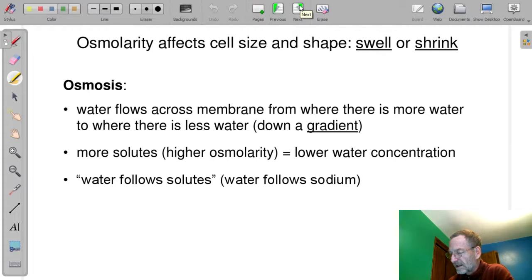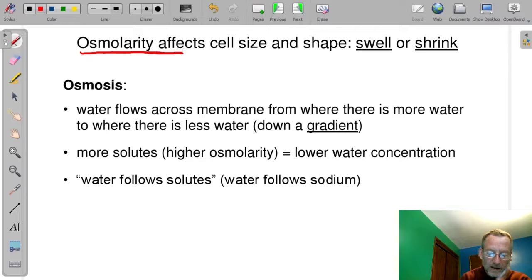leads us into the next lecture on dehydration and antidiuretic hormone, where we'll be talking about osmoreceptors briefly. So osmolarity, what we were just talking about, affects the cell size and shape.